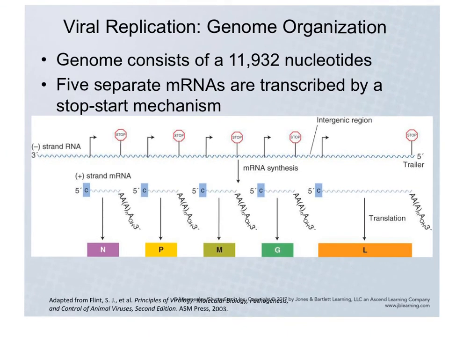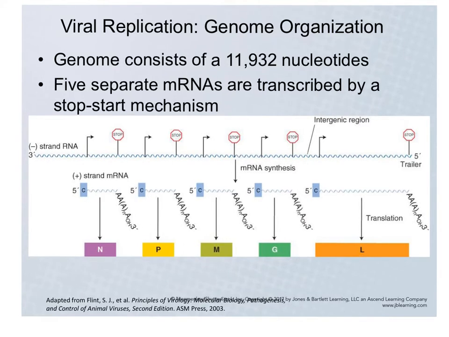If we look at the organization of the genome, shown here, and with these -sense RNA viruses, we're looking at going from 3' to 5'. The genome is about 12,000 nucleotides in length. We actually know exactly how many nucleotides. And what we're going to see is that in the process of transcription, the virus is going to produce 5 separate messenger RNAs.